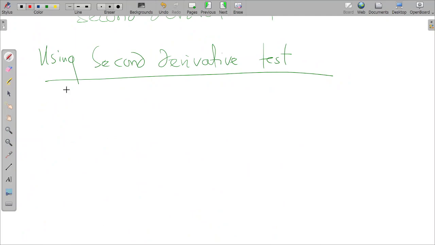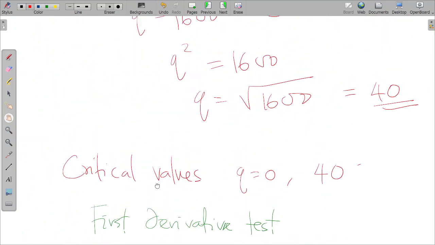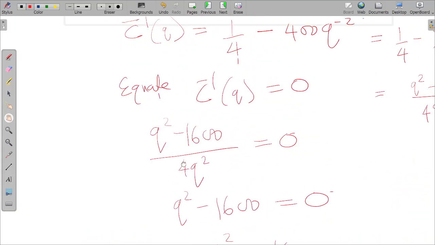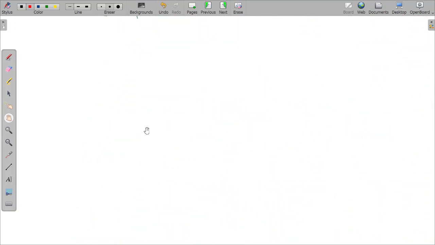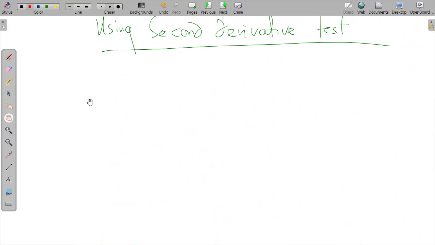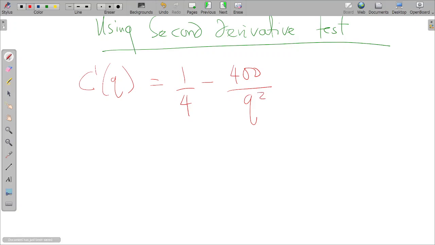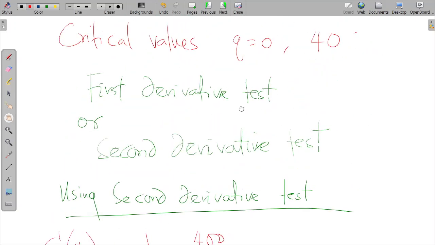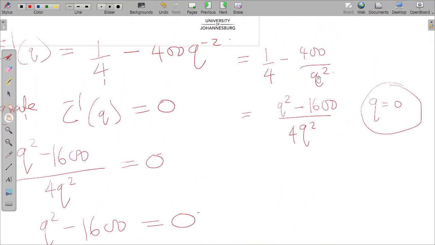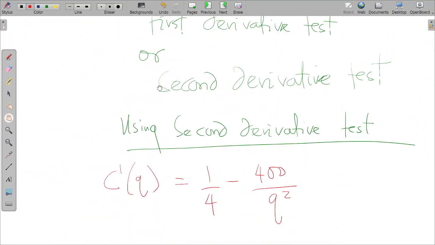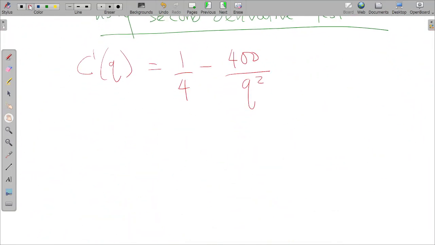So we have our first derivative, our c prime, which is given as 1 over 4 minus 400 over q square. Let's check again. Yes, q square. So that is my first derivative.